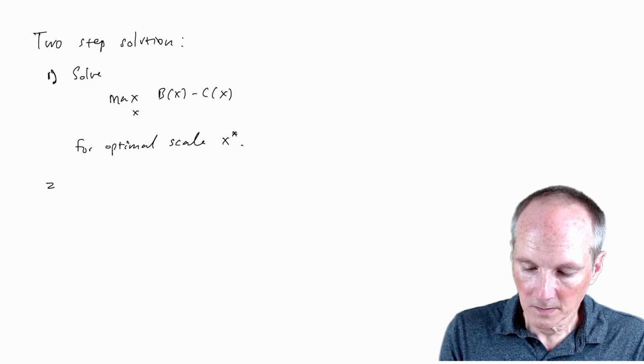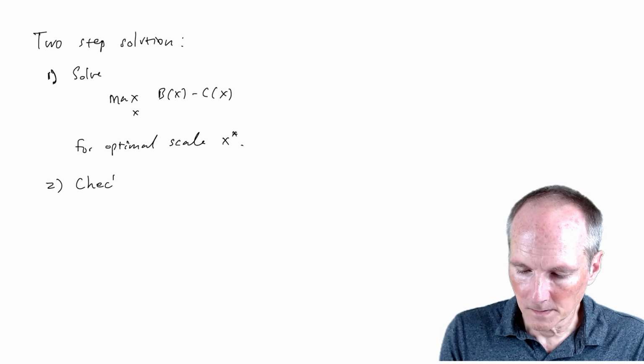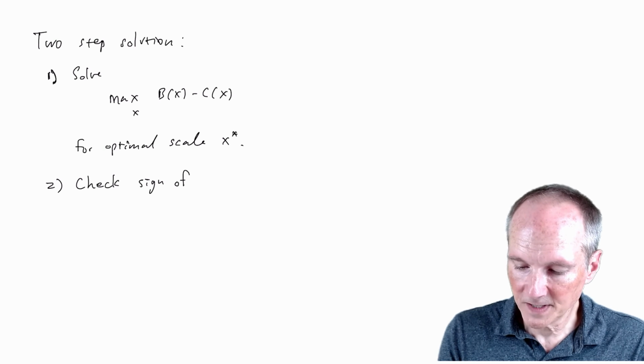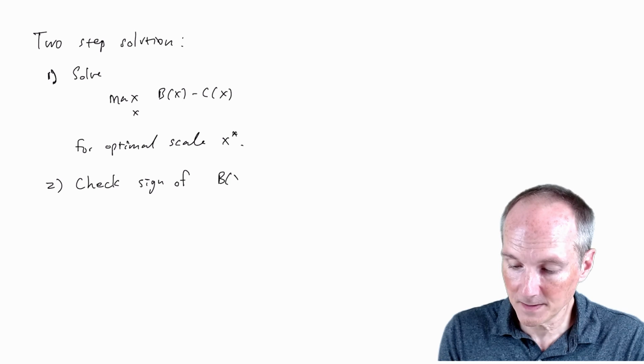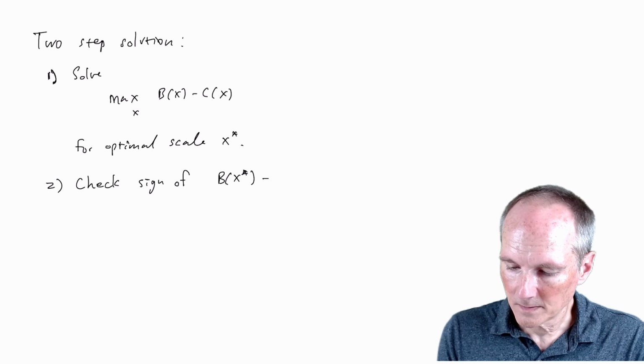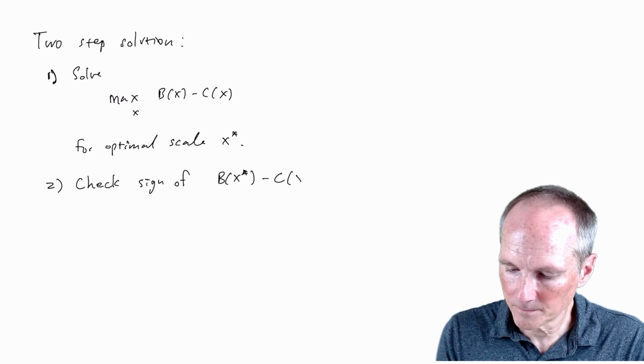But you have to check the sign of that maximized net benefit, right? Your maximized net benefit is just evaluating the benefit and cost at this optimal scale.